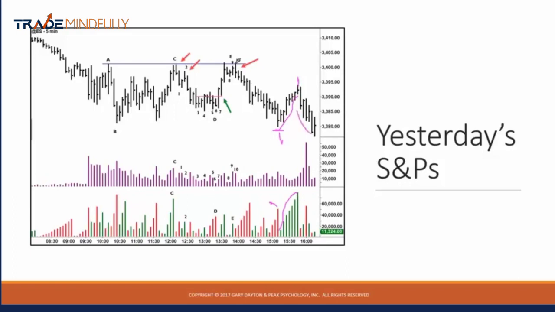You can see from this point down to about here, we have strong volume on the Weiss wave, indicating more selling coming in. We get a small bump up to this point, which is a wave up, and that's represented by this small amount of green wave here, and then we start coming down again. So that's basically how the Weiss wave works.